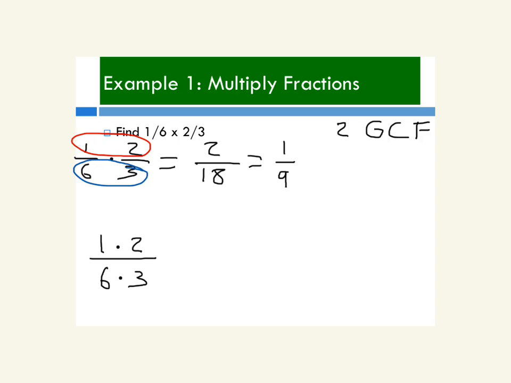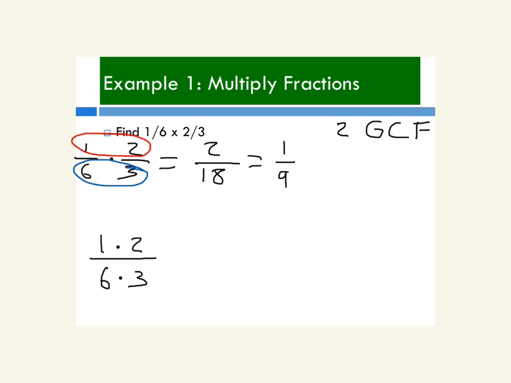If we take a look at it, we can see that there is a greatest common factor between our 2 and our 6. It's important to note that you have to draw a greatest common factor from both a numerator and a denominator. You can't do it just from the denominator or just from the numerator. It has to be one canceling out the other.